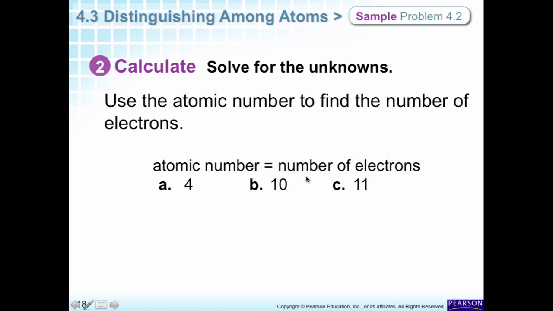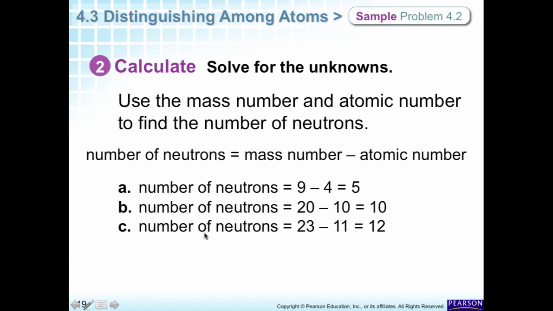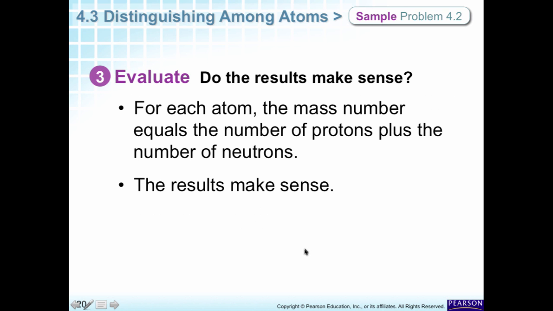The number of electrons, right? Because they have to be the same in the neutral atom. So now we have to do a little bit of math to get neutrons. So we take our mass numbers and subtract the atomic number. So we end up with 5, 10, and 12 neutrons, respectively, for each of our atoms.